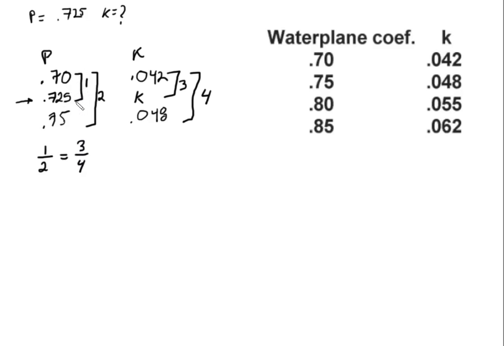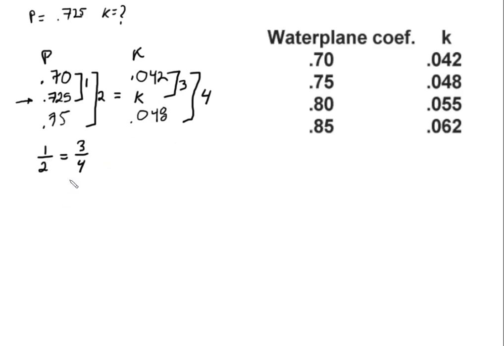The small one is on the top divided by the big one. P's are on the left, K's are on the right. It's almost like you put an equals sign in the middle. The small one is on top and the big one is on the bottom on both sides.